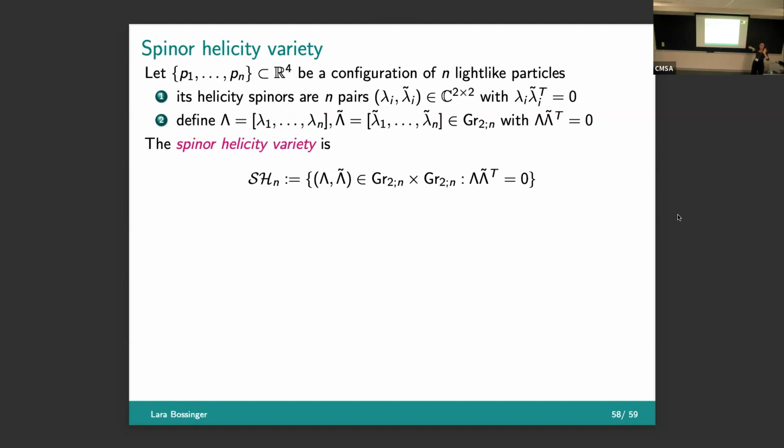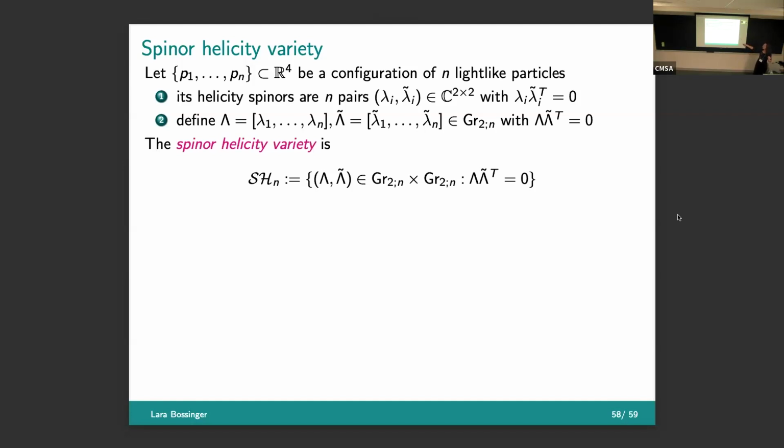This is just a parametrization: we go from a 4-vector to a 2x2 matrix, and that 2x2 matrix is of rank 1, so it factors as lambda, lambda tilde. Their product being 0 because that's p squared, the mass, and I'm assuming massless. So I get 2 times n matrices whose product is 0.